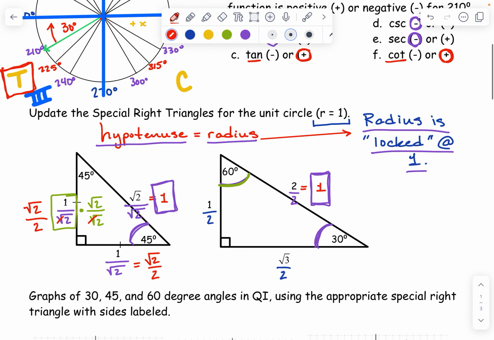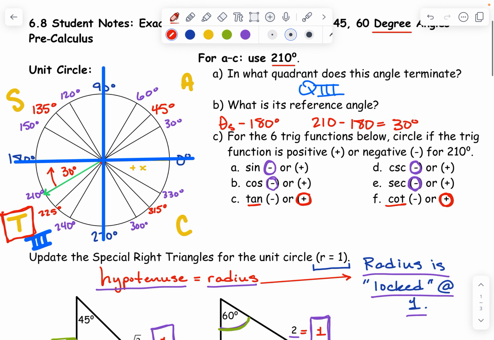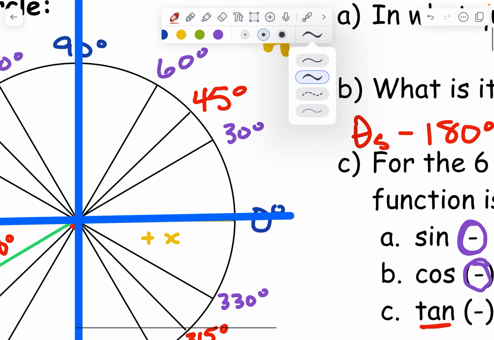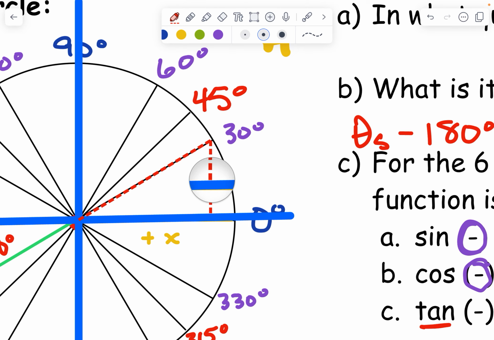And those are helpful because if we go back to our unit circle, see how the main triangles up here are 30. If I went straight down from there, I've got my right triangle.